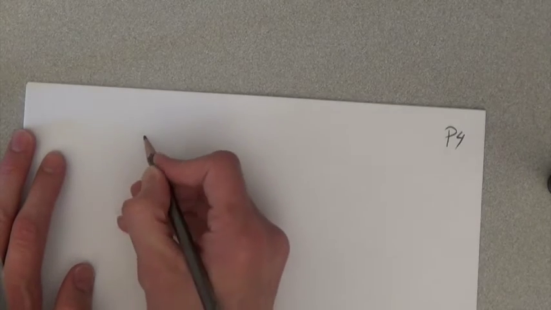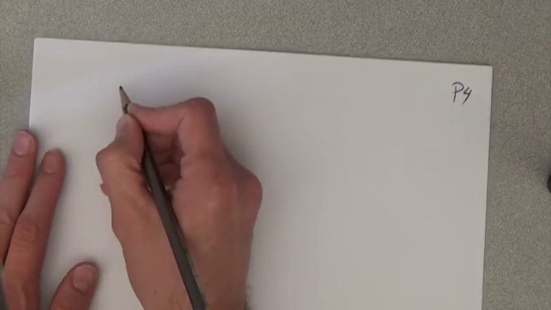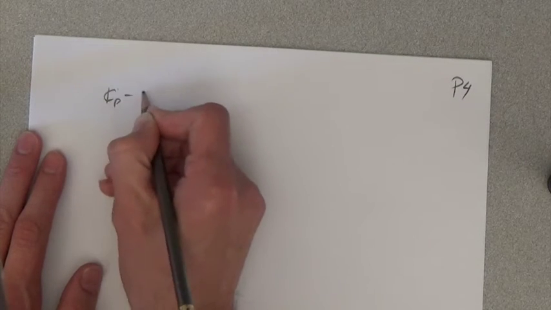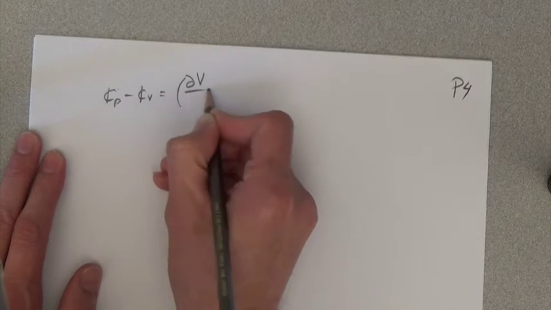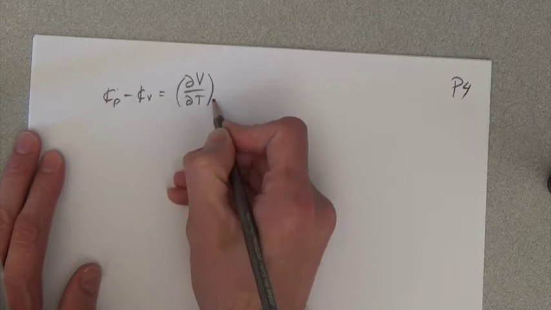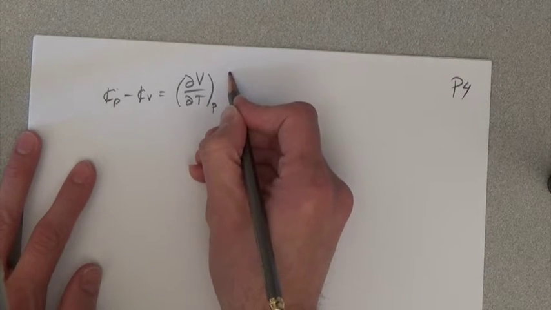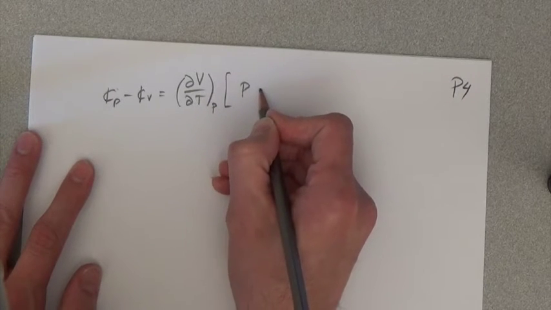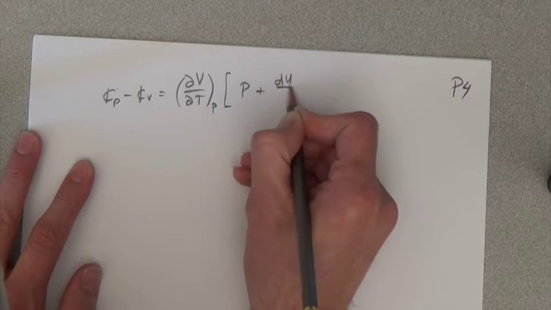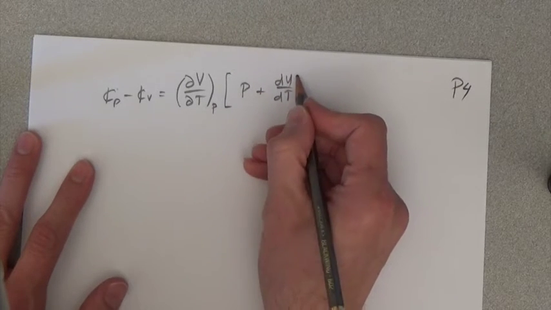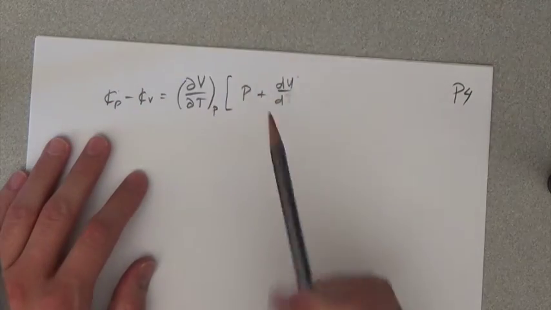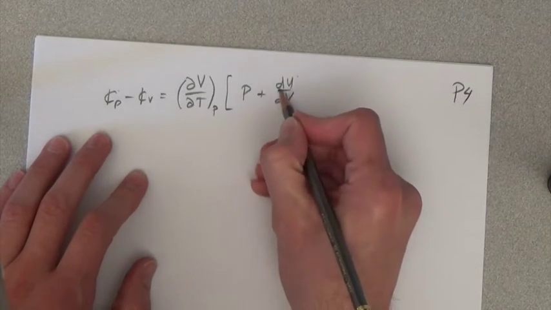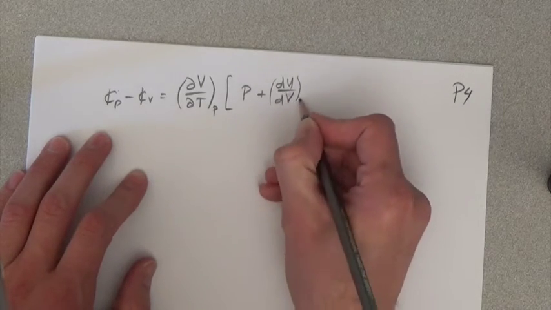The result of their derivation is that Cp minus Cv is equal to the partial of V with respect to T at constant pressure, times P plus the partial of U with respect to V at constant temperature.